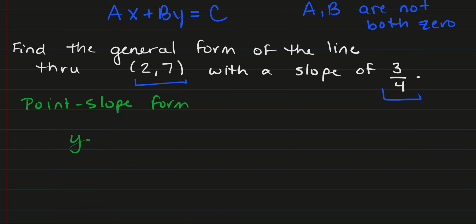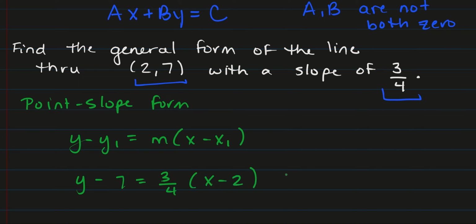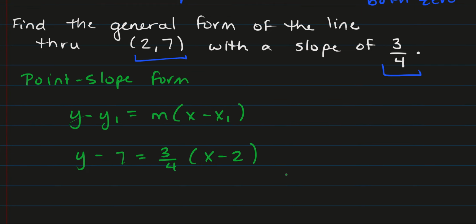Point-slope form is y minus y1 is m times (x minus x1). So I'm just going to plug in this point and the slope. So I get y minus 7 is 3/4 times (x minus 2). Now I'm going to distribute everything.